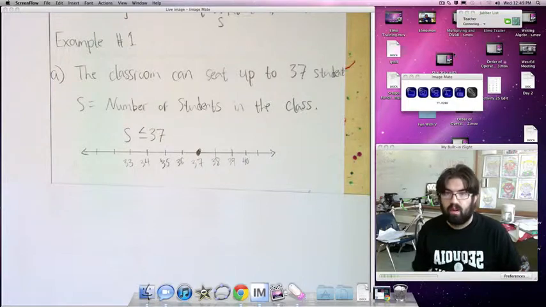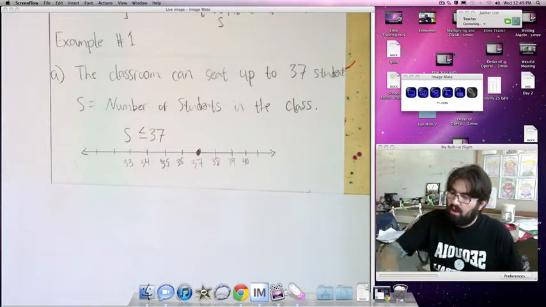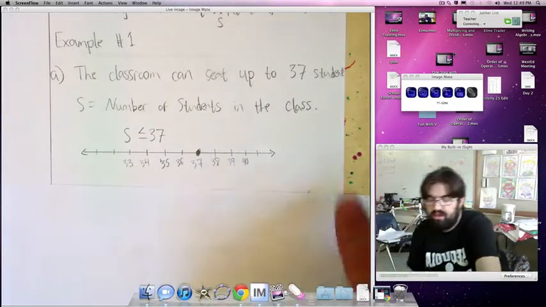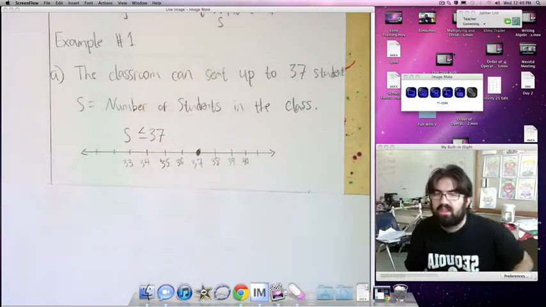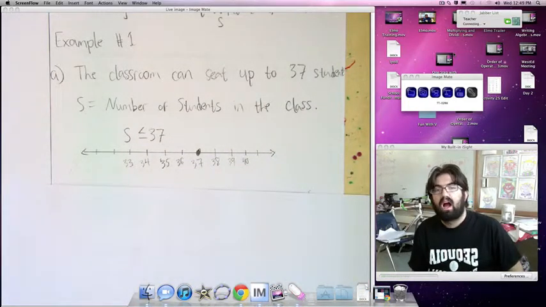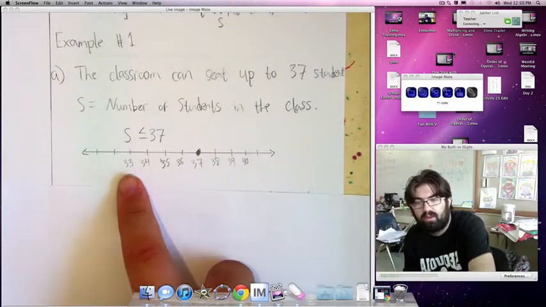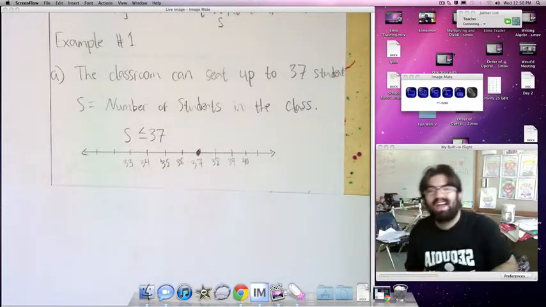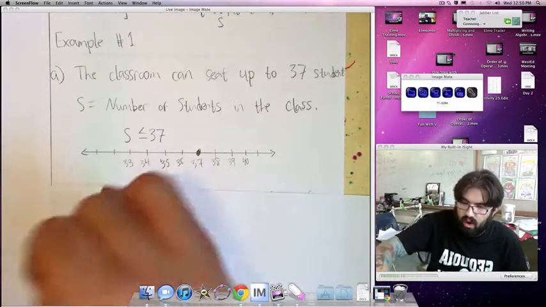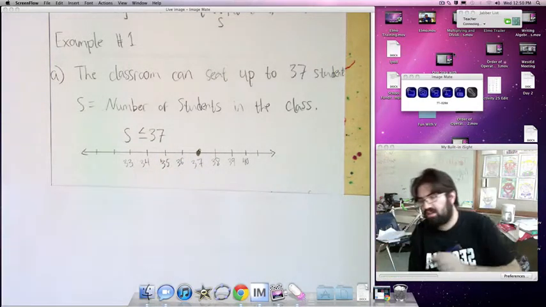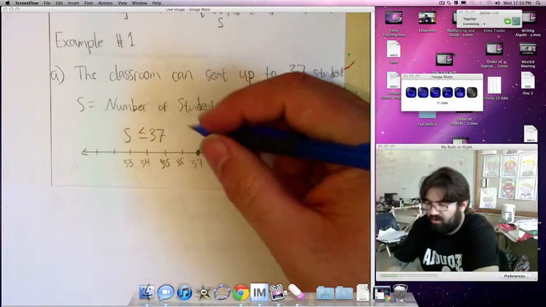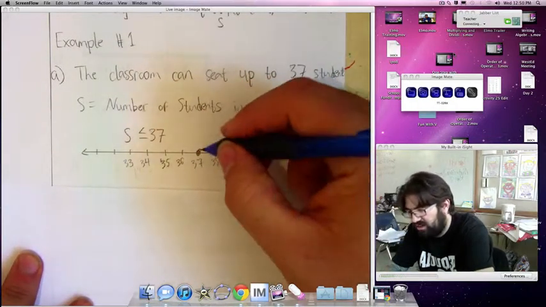What's a number that's smaller than 37? 40 is getting bigger, 100 is over this way, 2 million, too big. However, 36 is smaller, 33 is smaller, 0, all the negatives are smaller, and those are all this way. That's less than. So we're going for the smaller numbers, so I'm going to take my pencil. If you've got a highlighter, you can use that too.